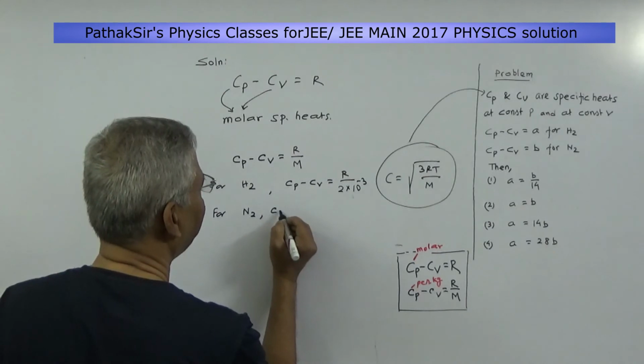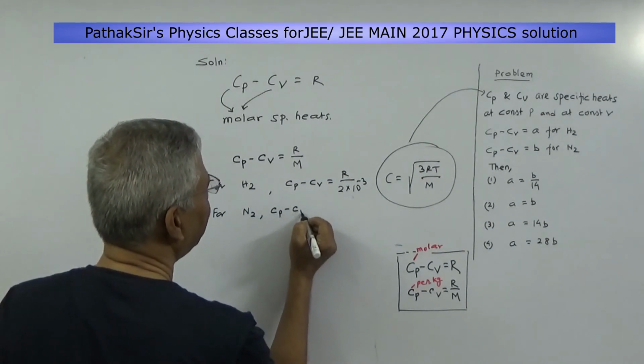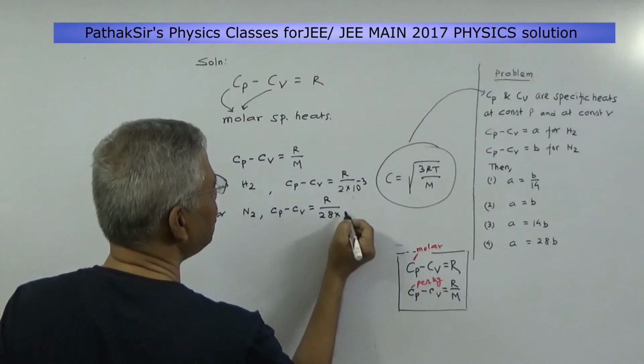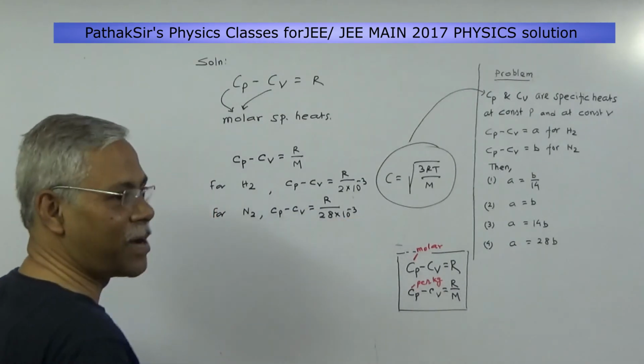for nitrogen, Cp minus Cv is R by 28 into 10 to the power minus 3.